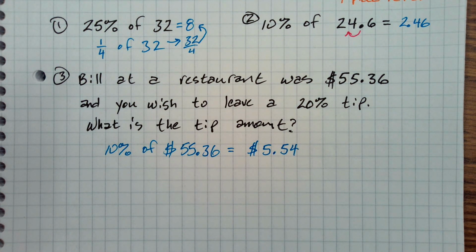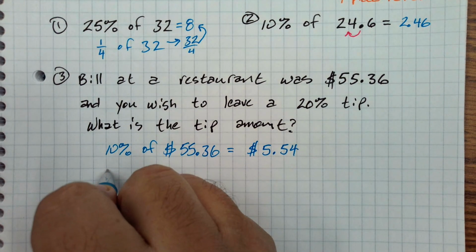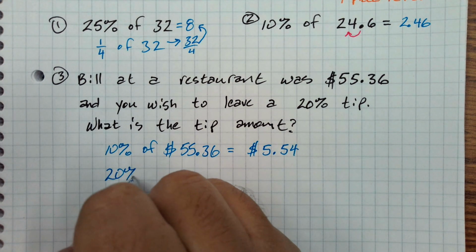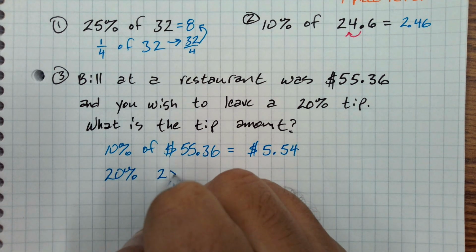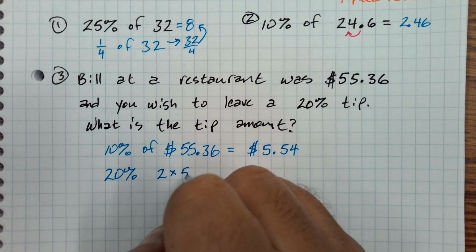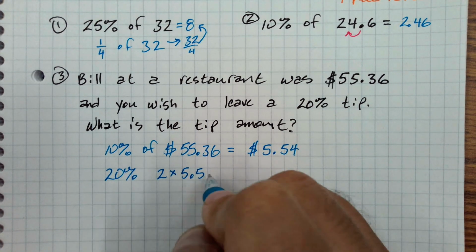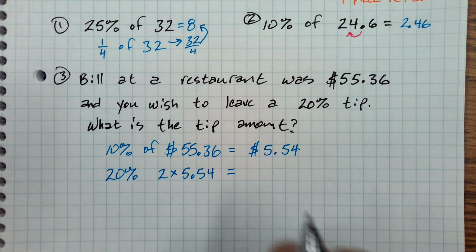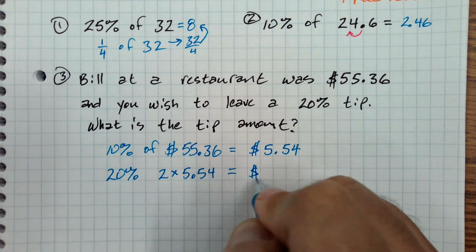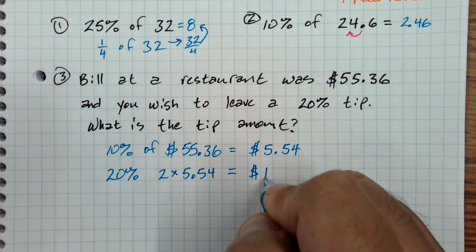Any questions on that? Now 20% would be 2 times $5.54. How much would that be? $11.08.